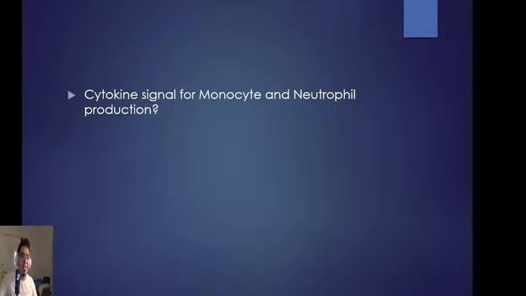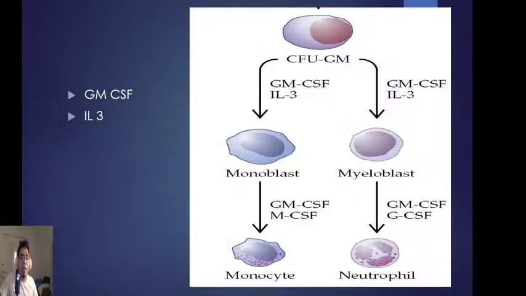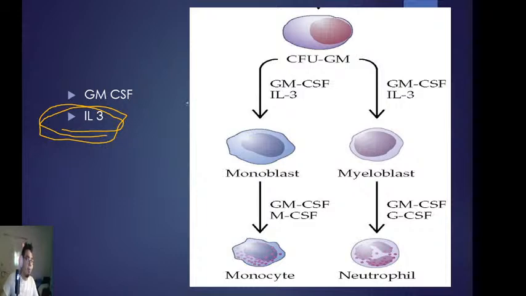Okay? Now, cytokine signaling for monocytes and neutrophil production. So again, it's going to require interleukin 3. Why? Because it's a multi-lineage hematopoietic signal. Because it stimulates CFU-GM.